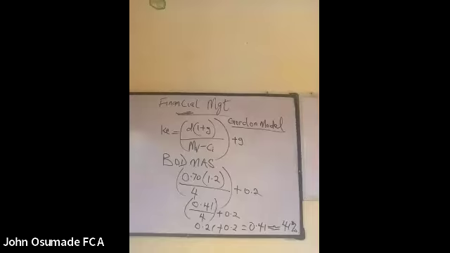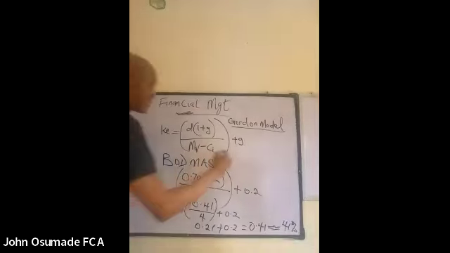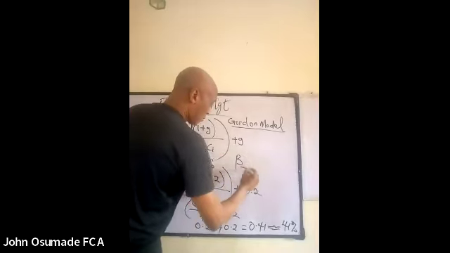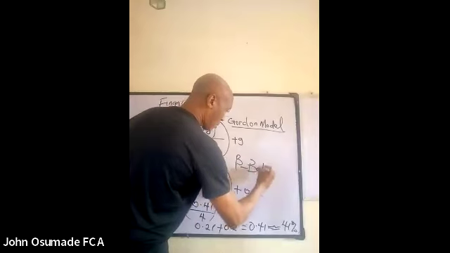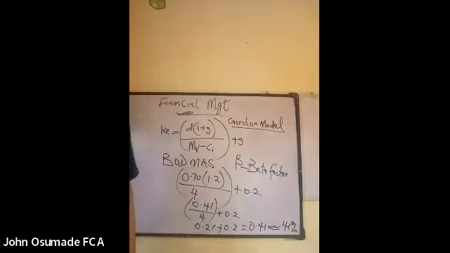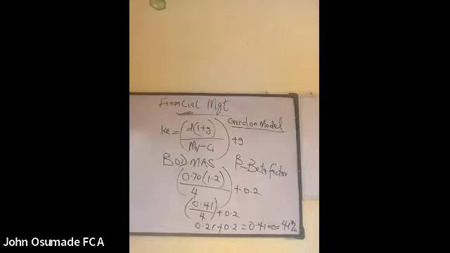It has a sign like this, beta. Covariance is also a way of measuring your risk. Variance is also a way of measuring your risk.